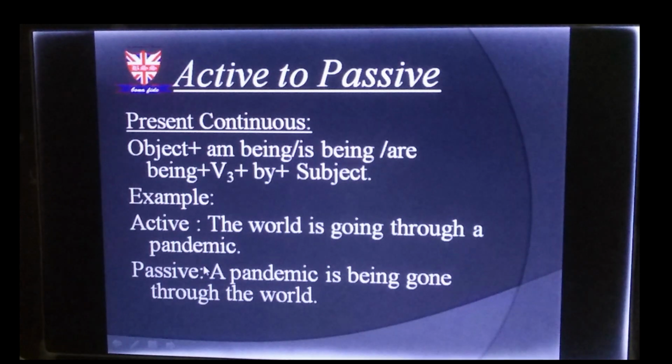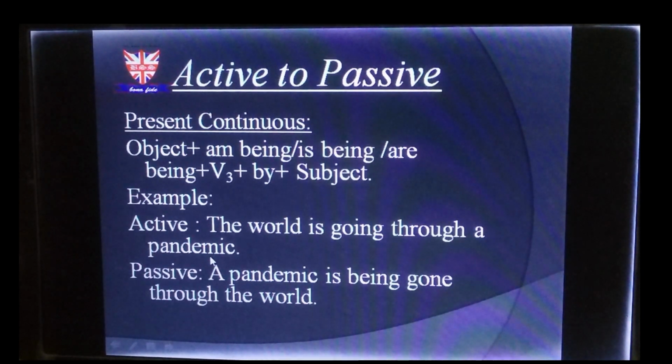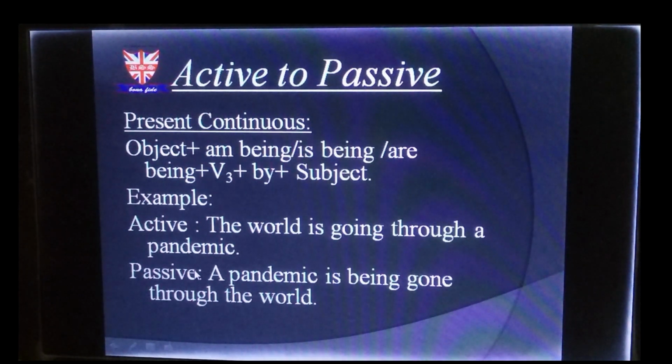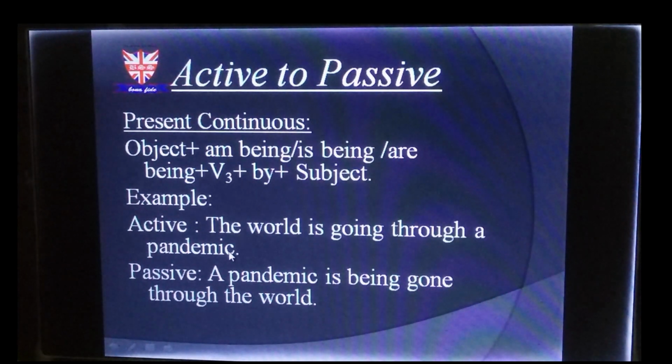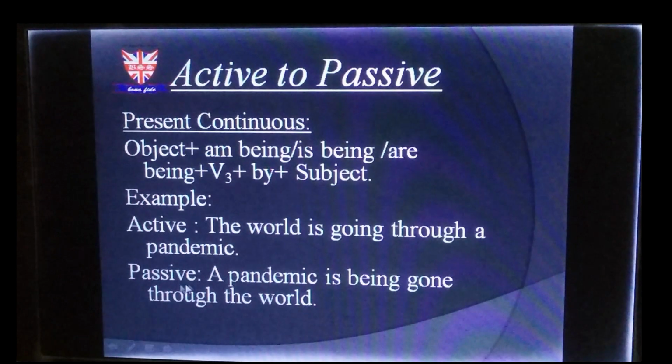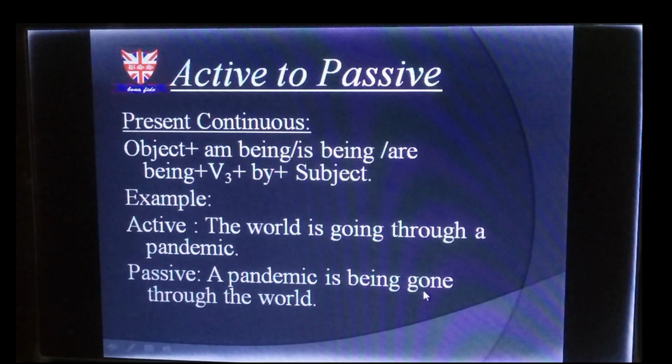I hope you know the meaning of pandemic: something that is going through the whole world. In passive form, we will write: a pandemic is being gone through the world. You can see my subject, the world, has become my object, and my object, a pandemic, has become my subject.